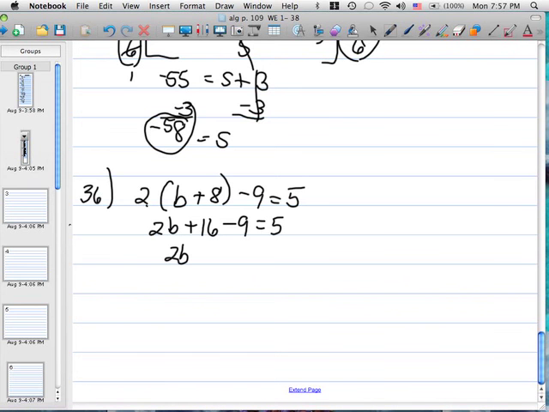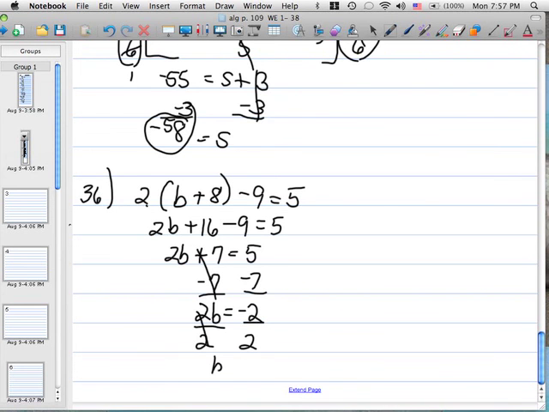So 16 minus 9 is a positive 7. So undo the adding 7 first, so we subtract 7 from both sides. We get 2b equals negative 2. Then divide by 2, and we get b equals negative 1.